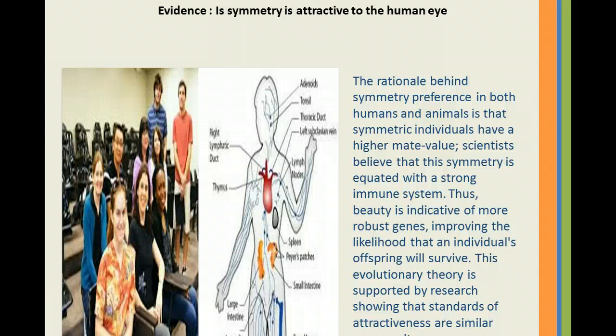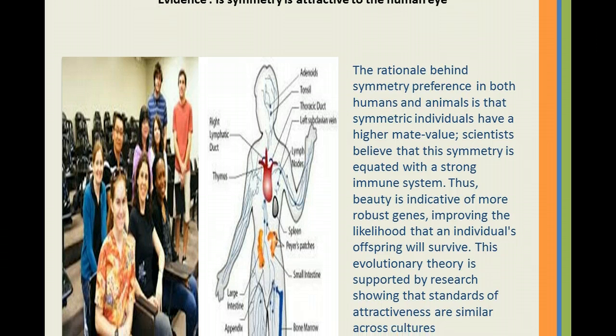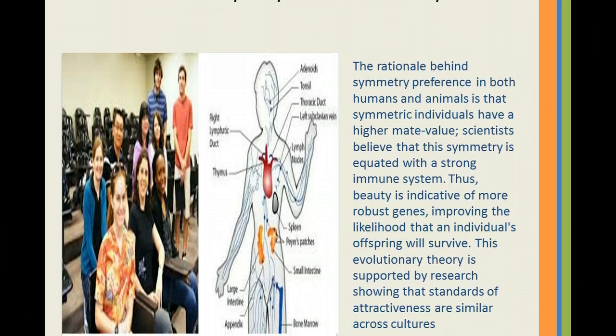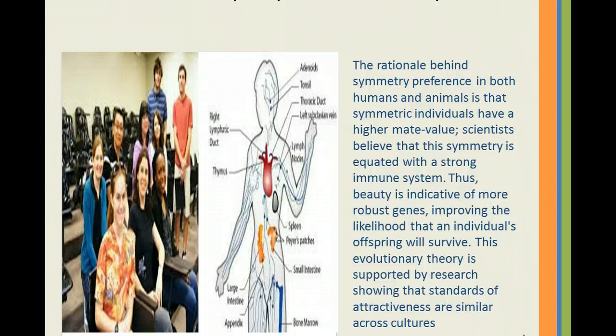Scientists believe that this symmetry is equated with a strong immune system. Thus, beauty is indicative of more robust genes, improving the likelihood that an individual's offspring will survive. This evolutionary theory is supported by research showing that standards of attractiveness are similar across cultures.